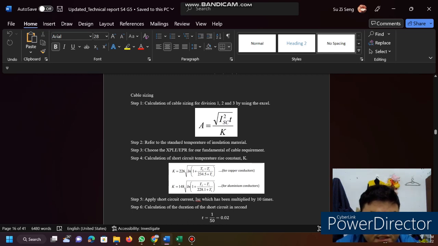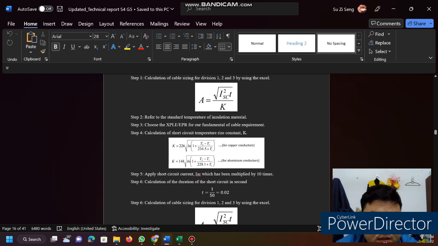Step 3 is choosing XLPE or EPR for the fundamental cable requirement, and step 4 is the calculation of the short circuit temperature rise constant K.